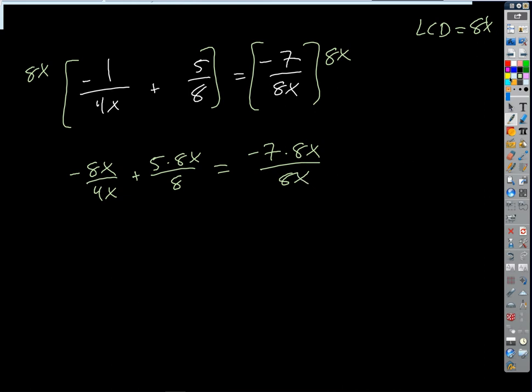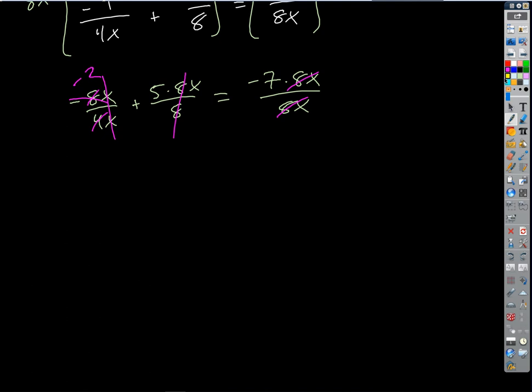And notice what happens. Everything cancels, right? It has to. If we distribute the least common denominator through both sides, the denominators all have to cancel. Here the x's go away, and I end up with just a negative 2 on the top, right? Here the 8's cancel, and so I get a 5x.